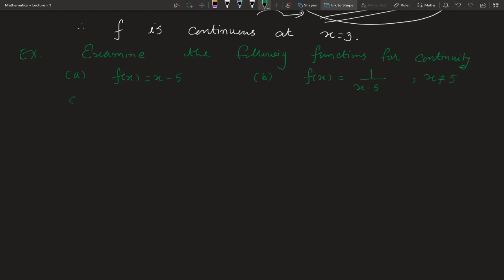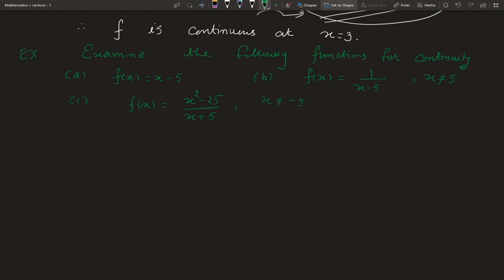And C, f of x equal to x square minus 25 upon x plus 5, x not equal to minus 5.